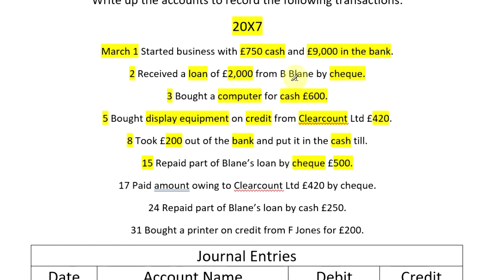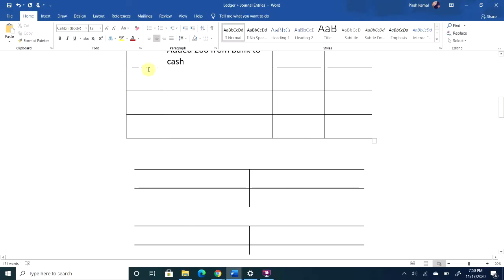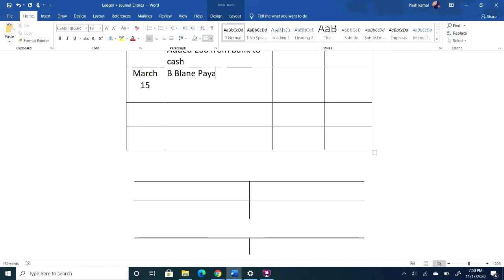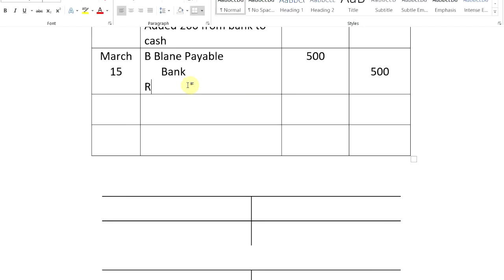Destination is B. Blaine payable and our source is check, bank. So the transaction is March 15, B. Blaine payable, debit 500, bank credit 500. Description is repaid part of Blaine's loan.